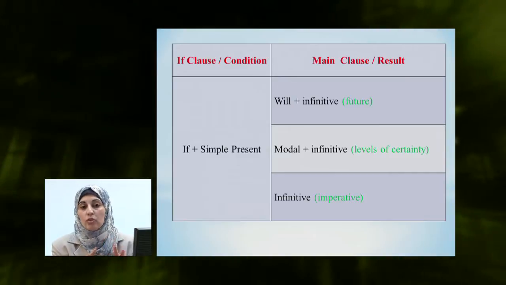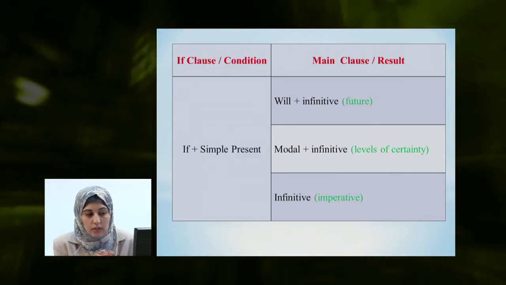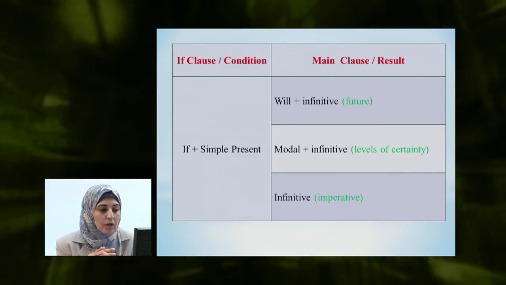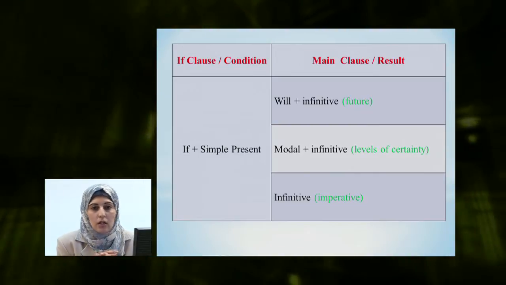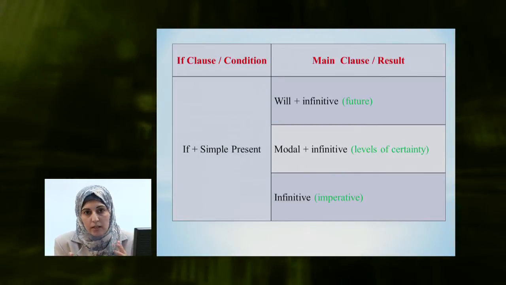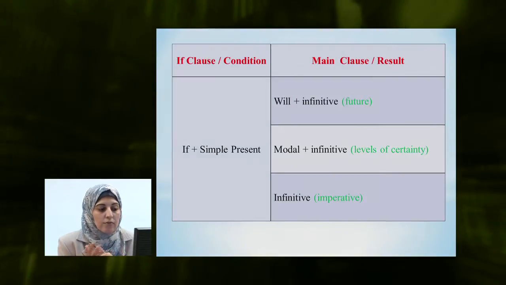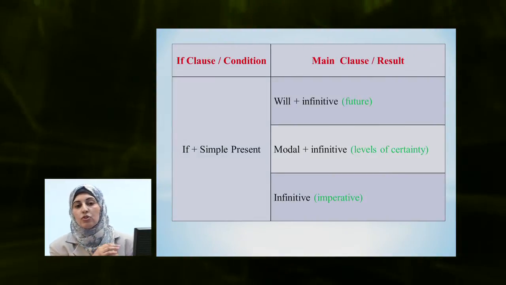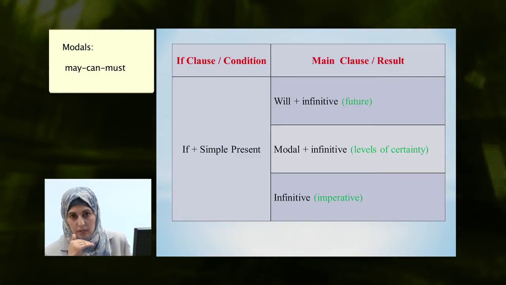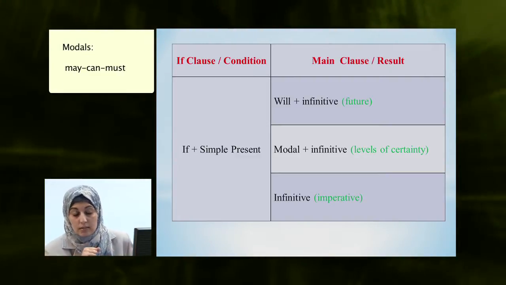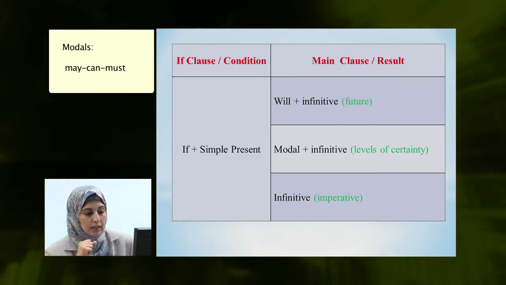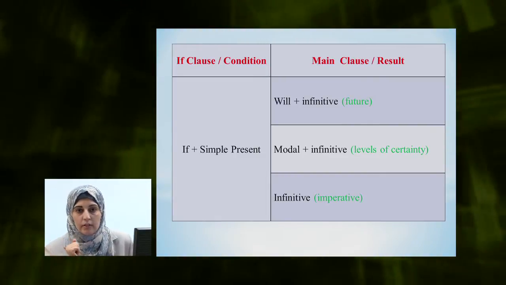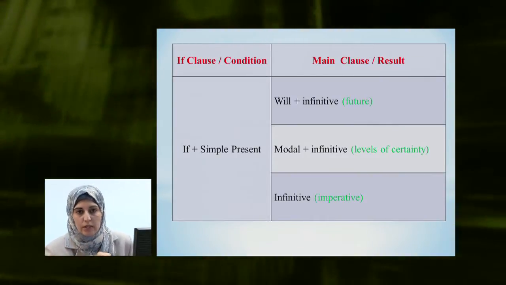In this case, you are talking about the future, things that may happen in the future. Or modals, other modals like may, can, must, followed by the infinitive. In this case, you are talking about different levels of certainty. And the last structure can be the infinitive only. In this case, you are using imperatives.